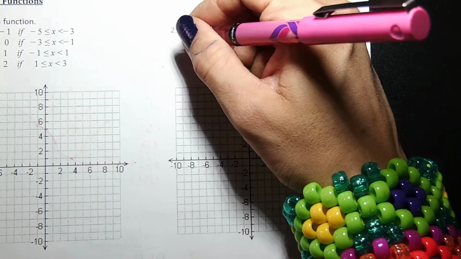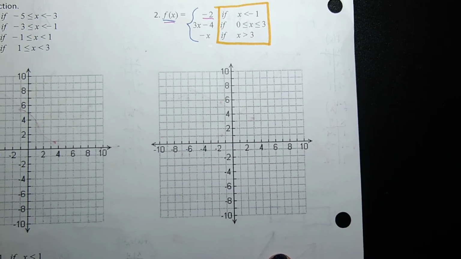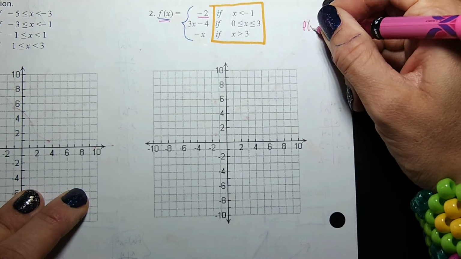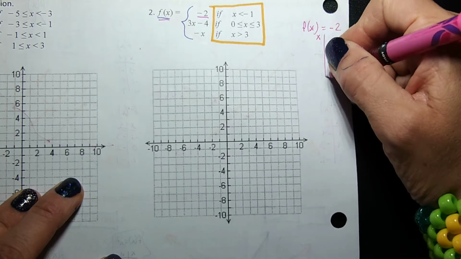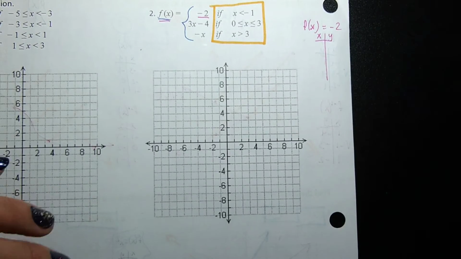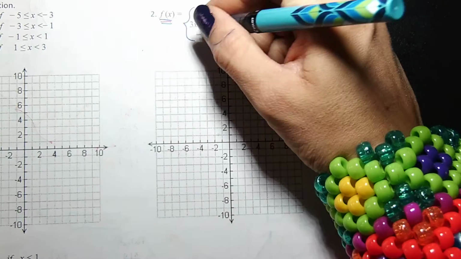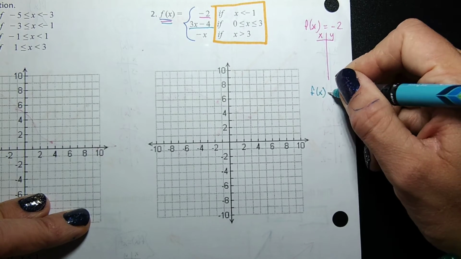So my first function piece is f of x equals -2. Let's do that over here. And we're going to make a table big enough for 3 points just to get the general shape and location of that part of the function. Our next function piece is f of x equals 3x minus 4, and that's going to get a table as well.